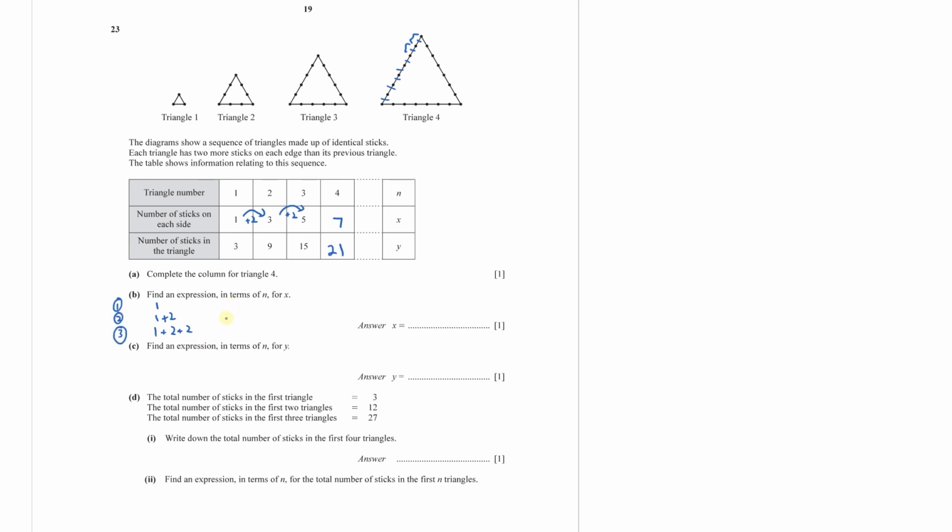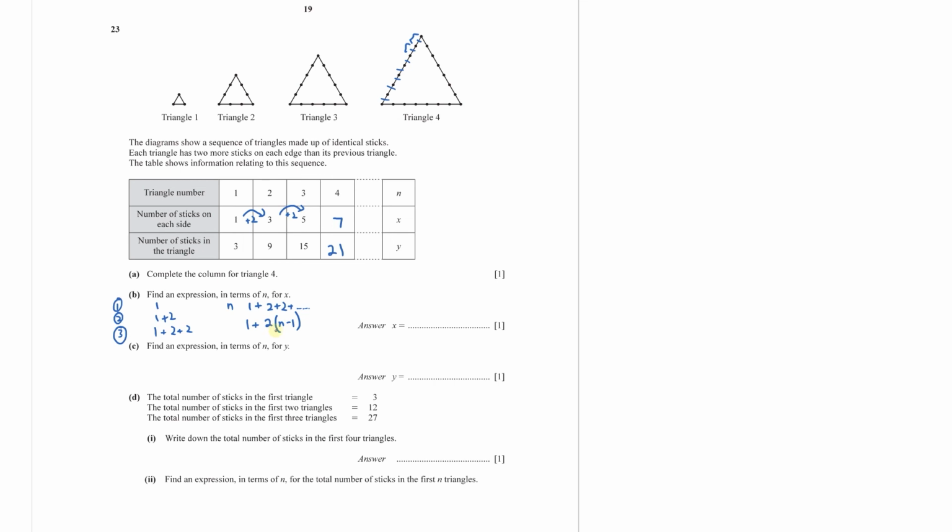So your nth term would be 1 plus 2 plus 2 plus some number of 2's. You have to calculate how many times you add the 2. In the second term you added 2 just once. In the third term you added 2 twice. So if you're looking at the nth term, you're adding n minus 1 2's. So your expression will be 1 plus 2 into n minus 1.